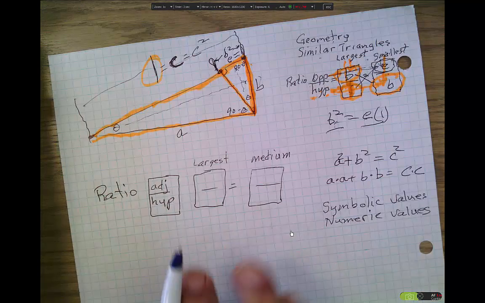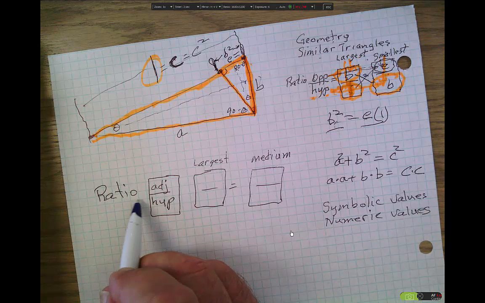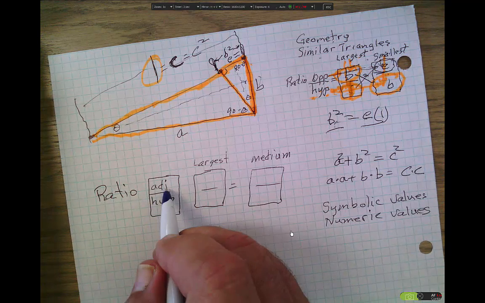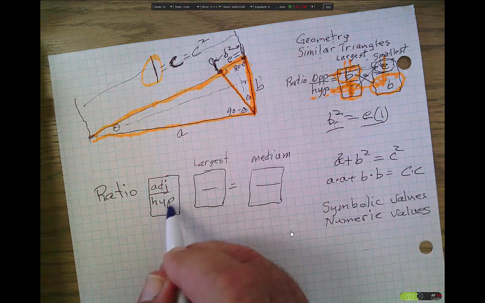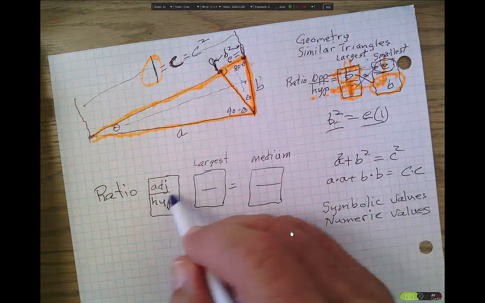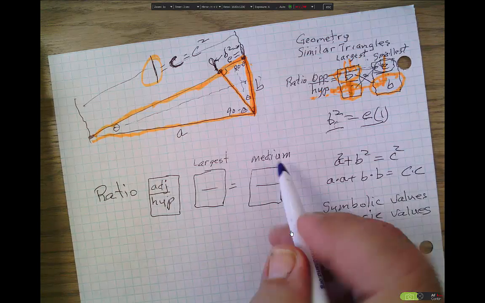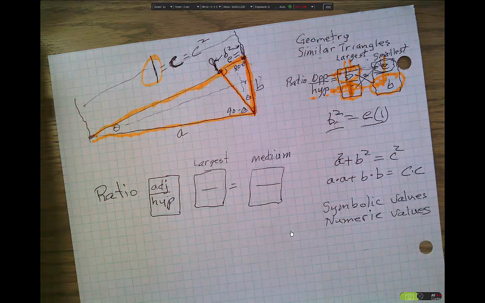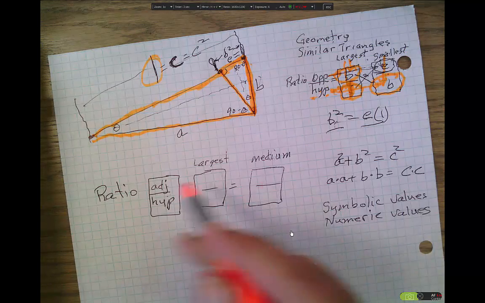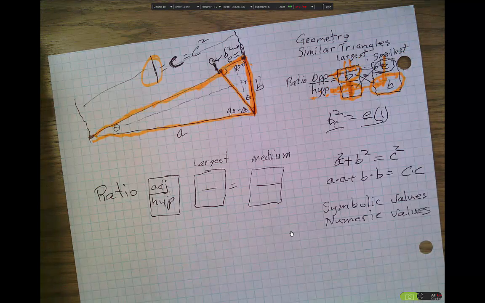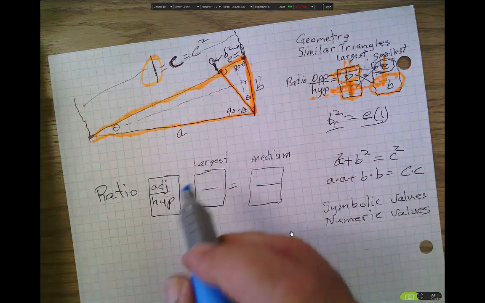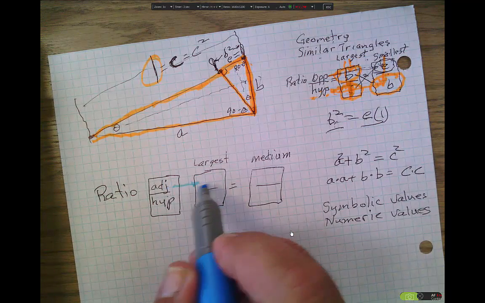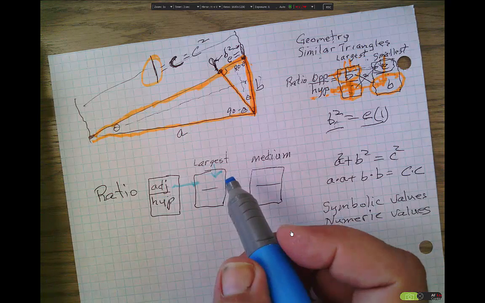Okay, moving on. Over here, we have the ratio for corresponding sides, the ratio of adjacent sides to hypotenuses for the largest triangle, and the same for the medium-sized triangle, and they go over here in this framework. So I'm going to use a different color. So the adjacent side for the largest triangle, let's see what that looks like.